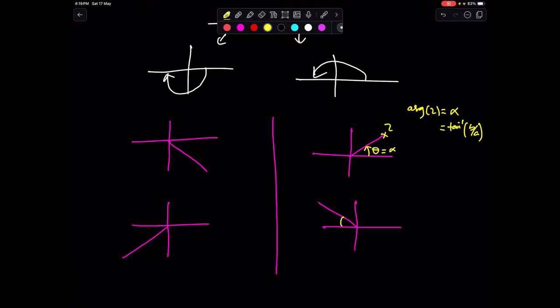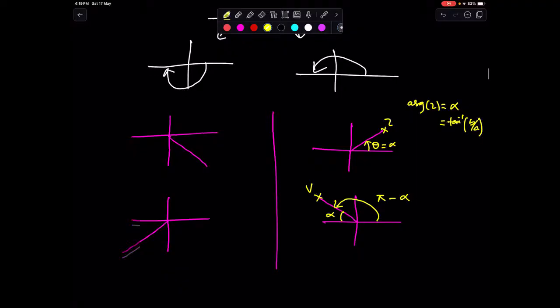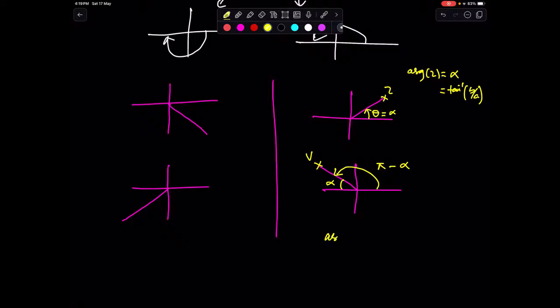So the argument of z is alpha, which is tan inverse b upon a. Now if your complex number is in the second quadrant, suppose this number is v, then the argument is pi minus alpha. I'm writing a complex number as well for your conceptual clarity, minus 2 plus 2i. So tan inverse 2 upon 2.